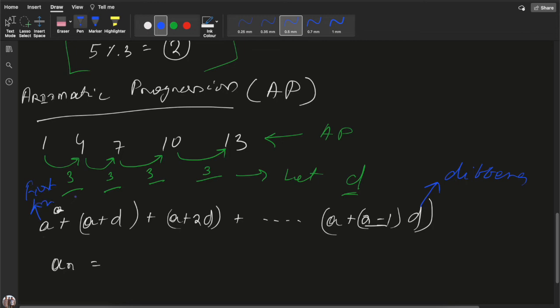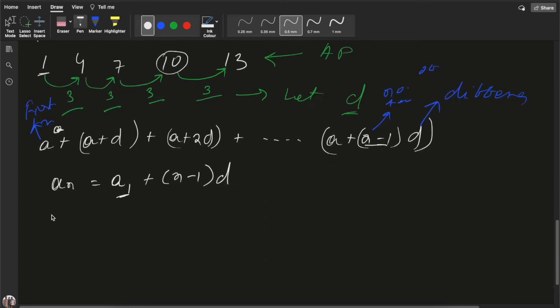N is the number of terms. So to find the ith or nth term, we have the formula: A of N equals A, the first term, plus N minus 1, where N is the number of terms, into D, the difference.